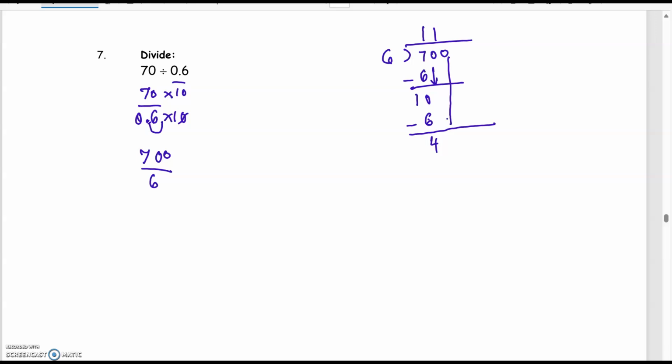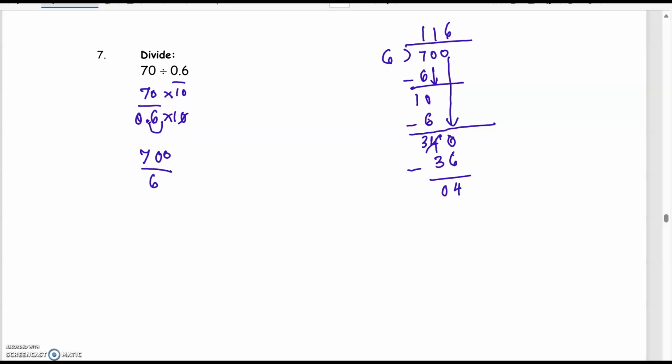Bring the next 0 down. 6 sixes are 36. And 6 sevens are 42, which is too big. So 6 sixes are 36 is the best. 10 minus 6 is a 4. Because we borrowed a 1, that becomes a 3. So your remainder is a 4.